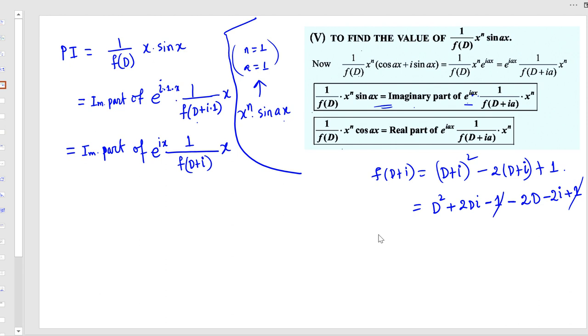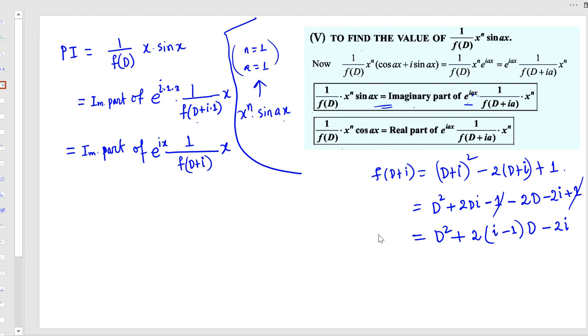So this plus 1 and this minus 1 get cancelled. And here we have d square minus, let us take d common, so 2 is taken common, I minus 1 into d, and here remains that 2I.